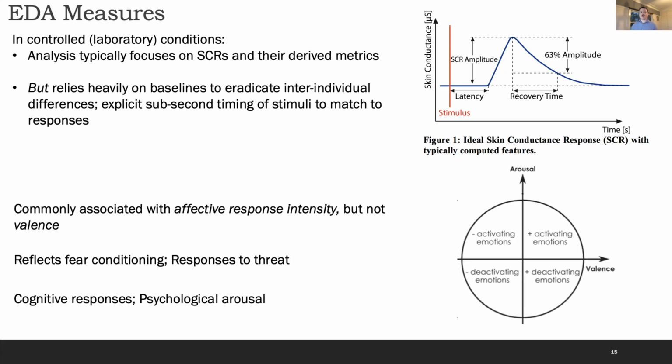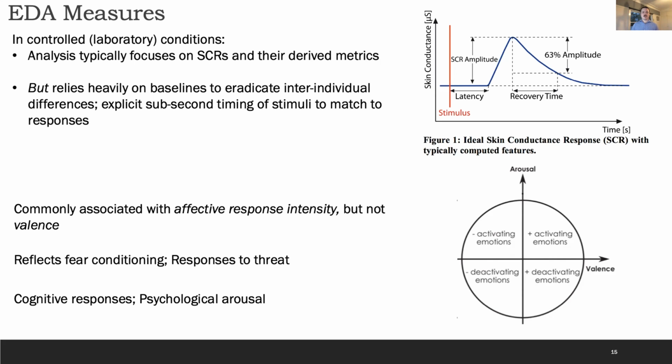And these kind of metrics are commonly associated with things like the intensity of emotional or affective responses to particular stimuli or situations, or even tasks. But importantly, it doesn't tell you about the valence of those emotional responses. So an extremely strong negative response will look the same as an extremely strong positive emotional response in terms of the sympathetic nervous system activity.